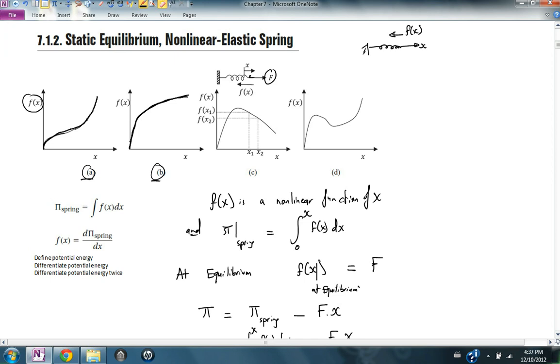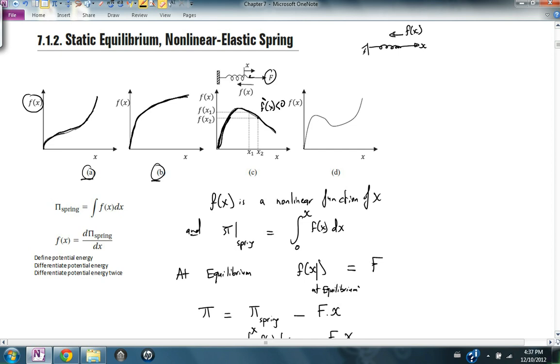Now let's look at the other two curves. This part of the curve is equilibrium. If equilibrium is achieved on this part, then the potential energy is minimum. But if equilibrium is achieved on this downward slope where f prime of x is negative, that means the potential energy of the spring is maximum, and we will show that this is an unstable equilibrium, and we're going to talk about this in a second.